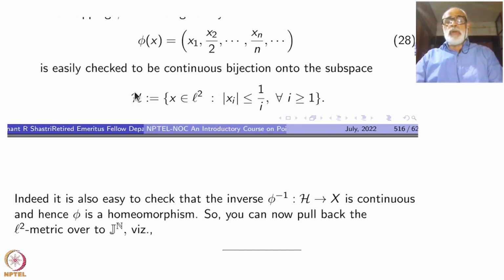That subspace we are denoting by this curly H and calling it the Hilbert cube. The notation may be different, but it is commonly agreed that this should be the Hilbert cube. The name is quite standard, but not the notation.